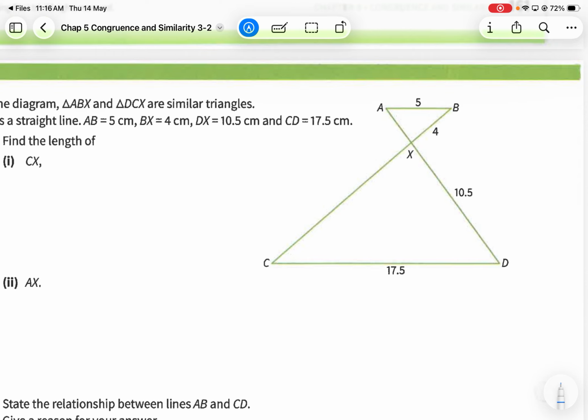That means A is the corresponding angle or corner of D. B corresponds to C. X is the similar point. Okay? So it doesn't mean A on the same side as C, then they are the corresponding side.